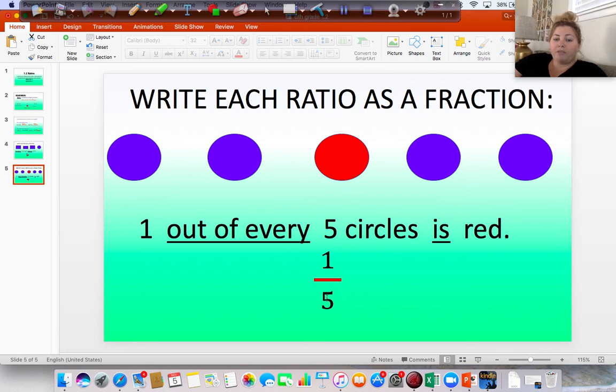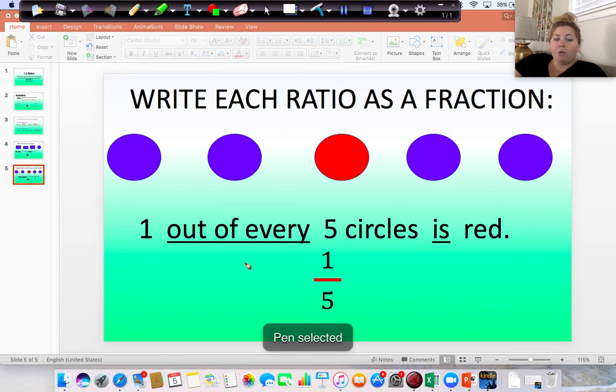So 1 out of every 5. And this says 1 to 5 as a fraction. We could have also written our ratio as 1 to 5 or 1 to 5. Those are other two ways of writing this ratio of red circles to total amount of circles.